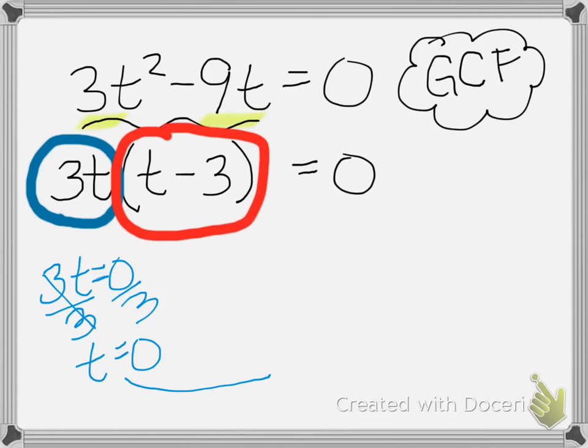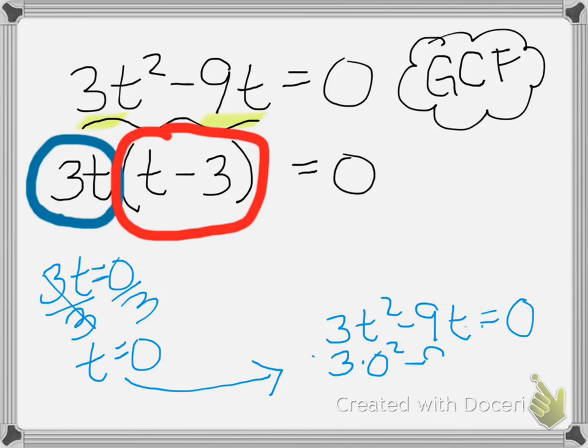So if I took the original equation, 3t squared minus 9t equals 0, and I replaced t with 0, I would have 3 times 0 squared minus 9 times 0 equals 0.